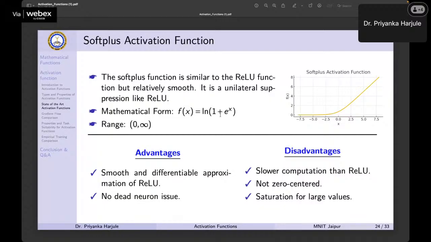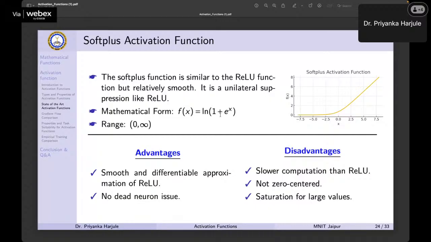It's not zero centered, so it can cause a biased gradients problem, which may result in slow convergence. Saturation for large values: for very large inputs, the gradient approaches one, and learning still slows slightly due to the logarithmic nature.